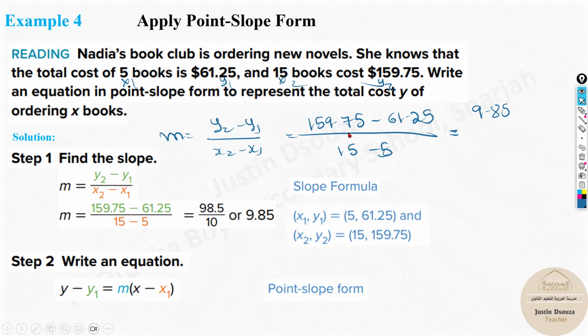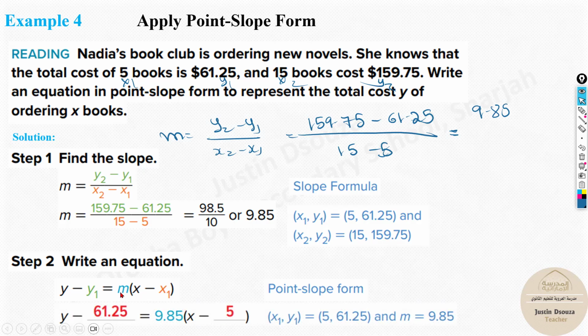You know the formula, you know the m value. Just substitute m over here, you must write 9.85. What about y1? It's up to you to choose. Over here, this x1 and y1 is chosen. So y1 is 61.25, and x1 is 5. Very, very simple, as easy as it can get.